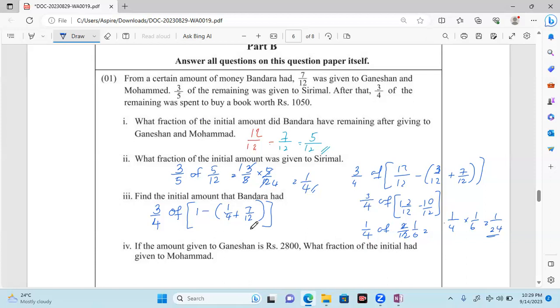After that, 3/4 of the remaining was spent to buy the book. So after giving to Sirimal, then Ganeshan and Mohammed, what remains is given. This is the portion given to Mohammed and Ganeshan, and this is the portion given to Sirimal. Add these two and subtract from 12, then we get 2 out of 12, that is 1/6. Oh sorry, it should be considered 3/4, not 1/4.